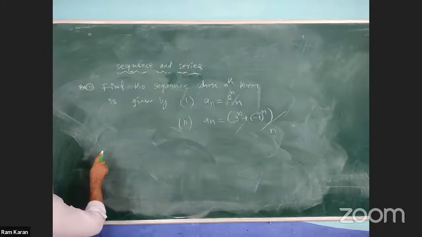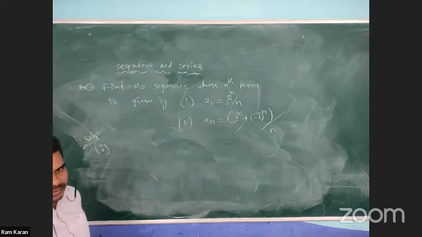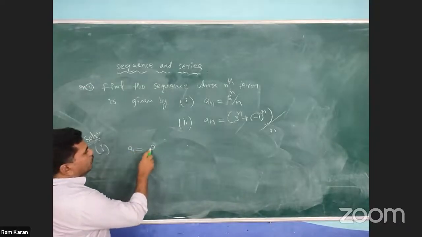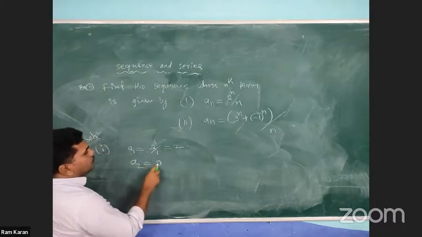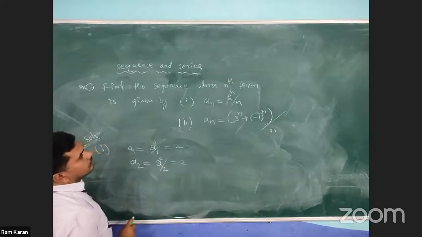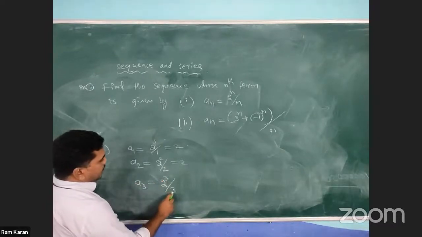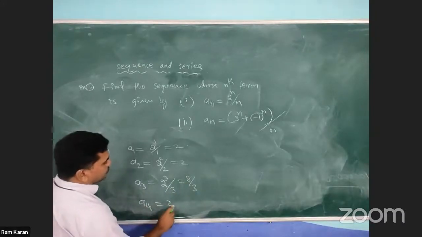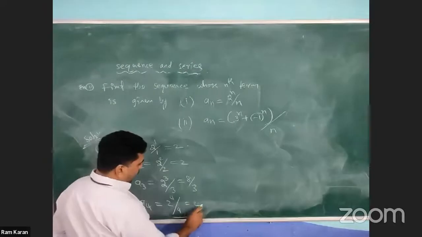Right. So for the first question, let's write the sequence. Take n = 1, a_1: we get 2 power 1 by 1, which is 2. a_2 is 2 power 2 by 2, which is 2. a_3 is 2 power 3 by 3, which is 8 by 3. a_4 is 2 power 4 by 4, which is 4.